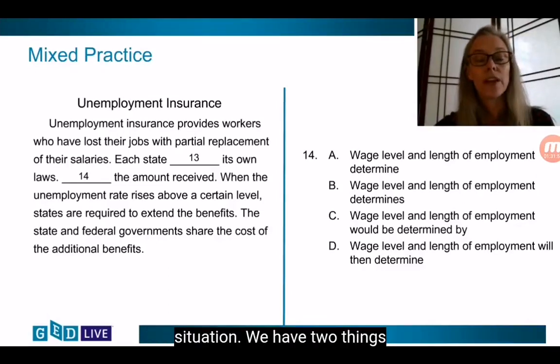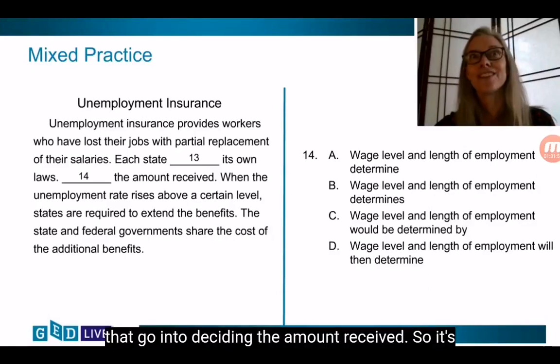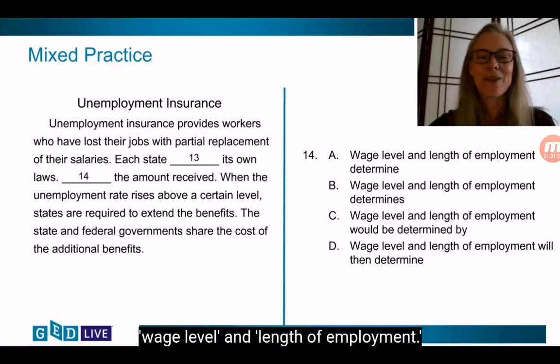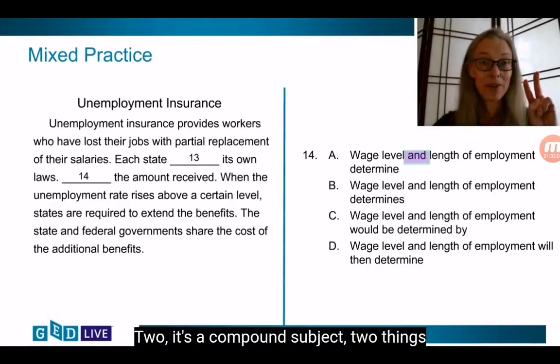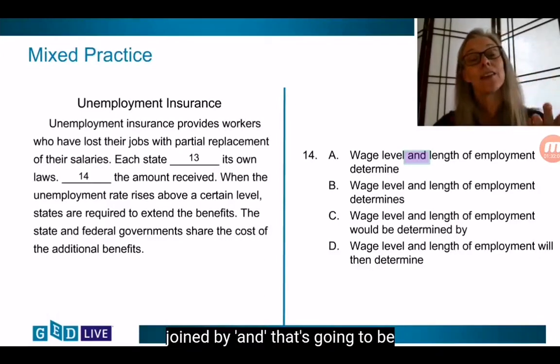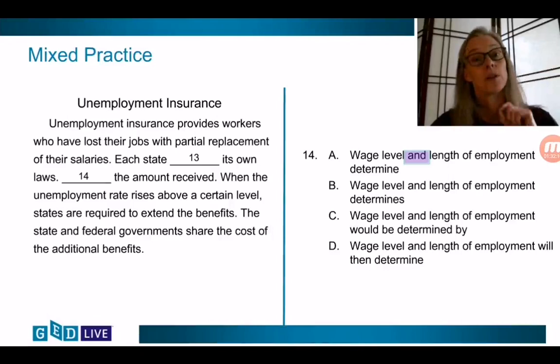We have two things that go into deciding the amount received. So it's wage level and length of employment. Two, it's a compound subject, two things joined by and. That's going to be plural.